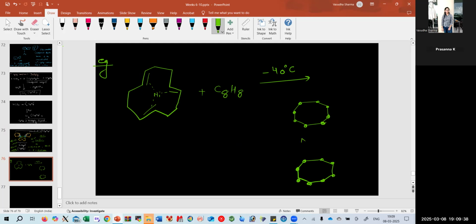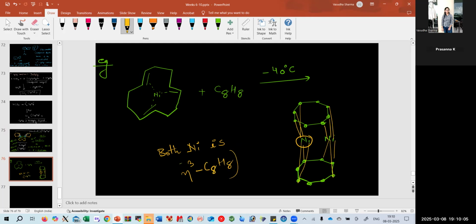So in this case, when it forms a bridging ligand, this metal center only interacts with the 3 centers at one go. Similarly here, so here both nickel centers are eta 3 C8H8, allyl type of coordination.